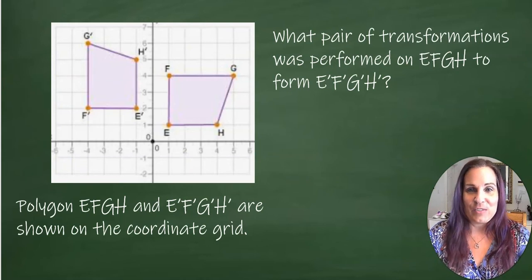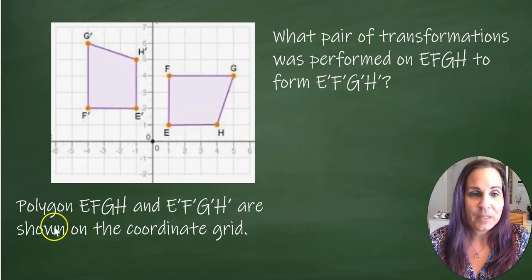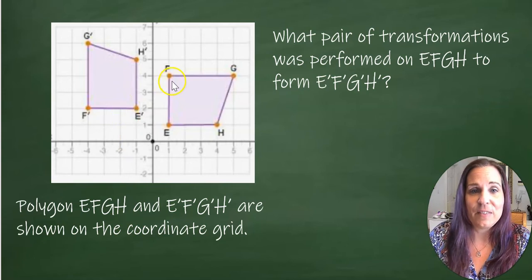What pair of transformations was performed on EFGH to form the image? And we have that both of the polygons are shown here on the grid. So if this segment right here, segment EF, ends up right here, then that looks like a 90-degree rotation to me.